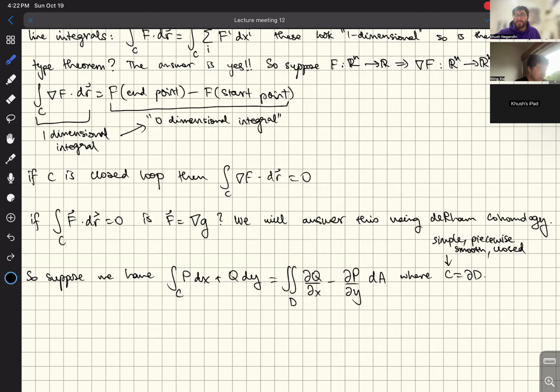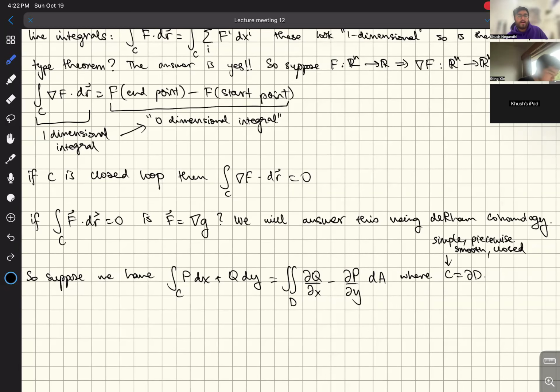But what if I have R2 minus the origin? Is the circle a boundary of something now? It turns out that the answer is no. We will prove this using something called the generalized Stokes' theorem, which I will introduce some time from now.